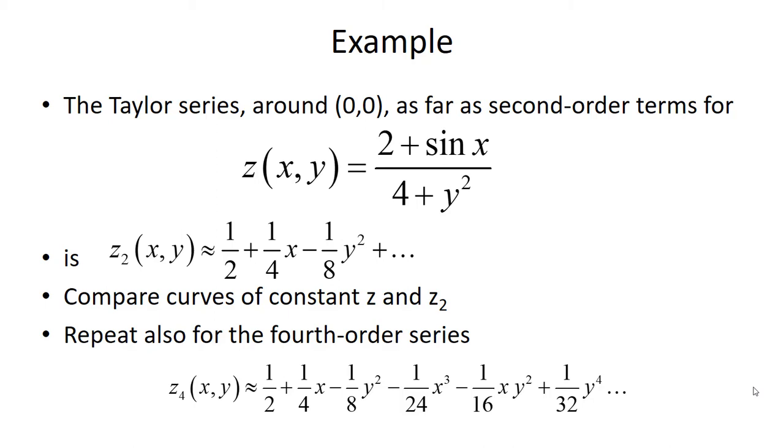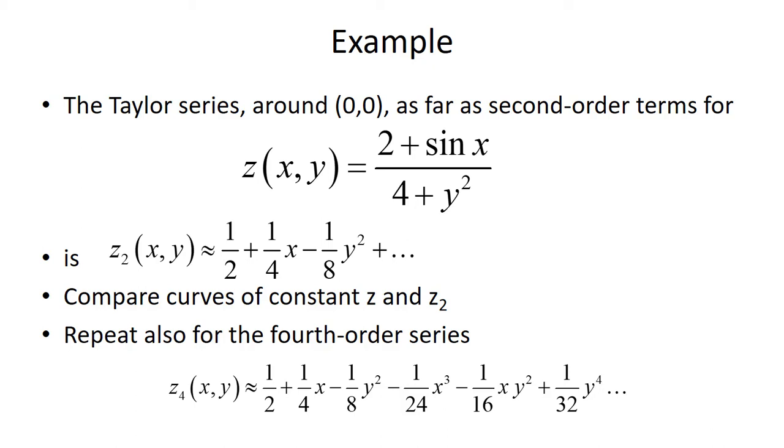Here we are told that for the function z is equal to 2 plus sine x over 4 plus y squared, the 2nd order Taylor series around the origin 0, 0 is z2 given by 1/2 plus a quarter of x minus an eighth of y squared. We're asked to compare curves of constant z and z2.